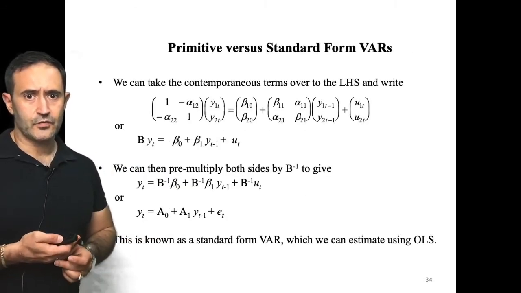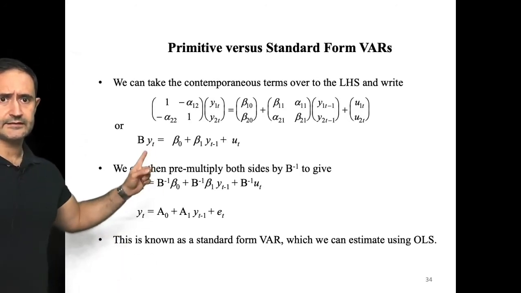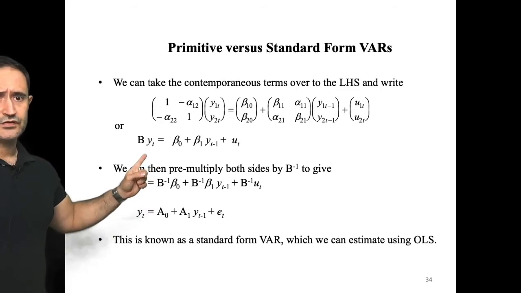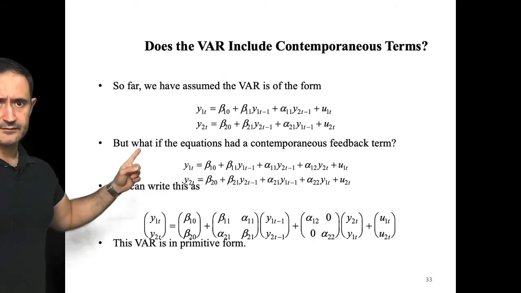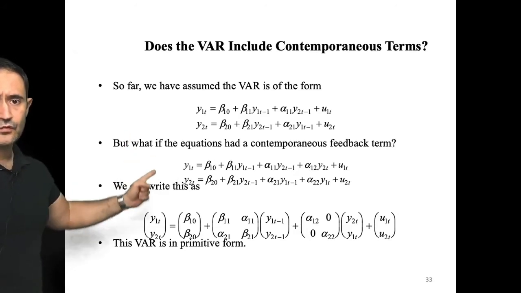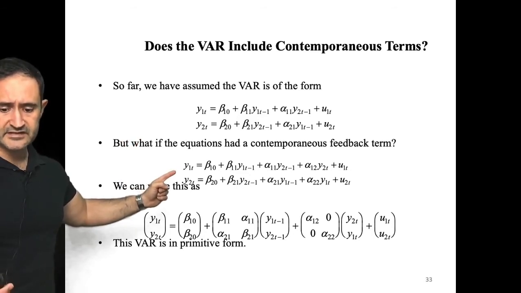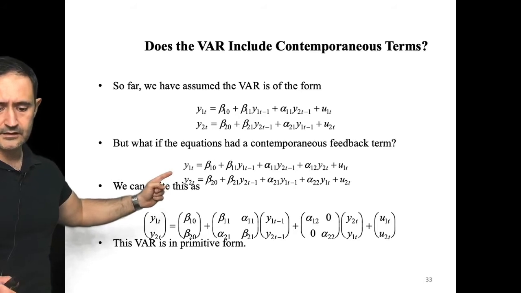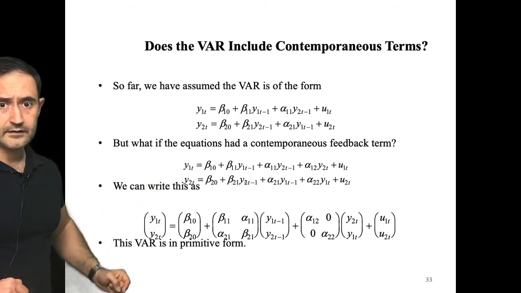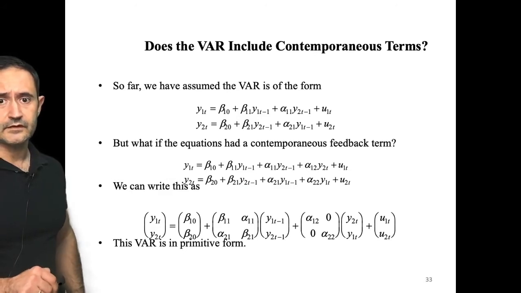Okay, so let's look at this. Let me go back. Yes, so we are going to include here contemporaneous values of the variables. So you can see in the first equation, let me see if I can make this thingy work. Can you see? No, you cannot see.